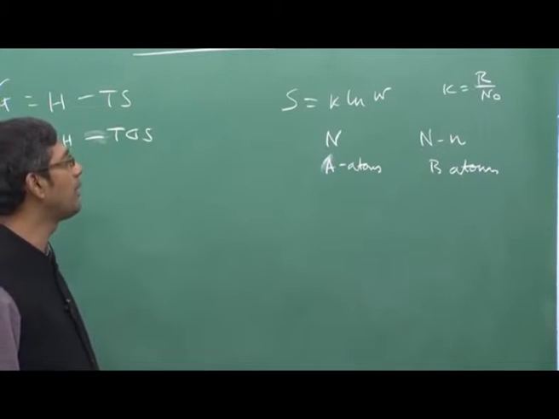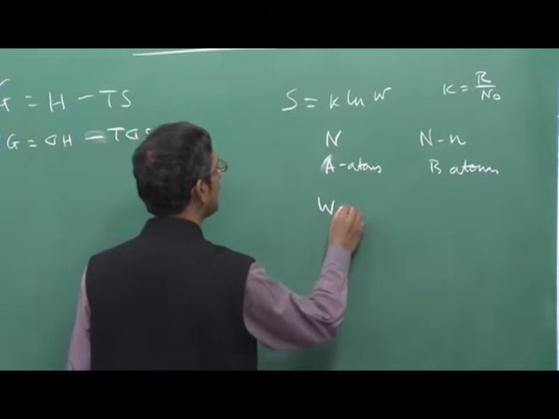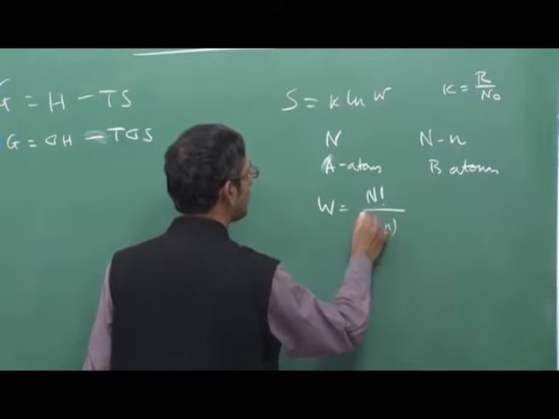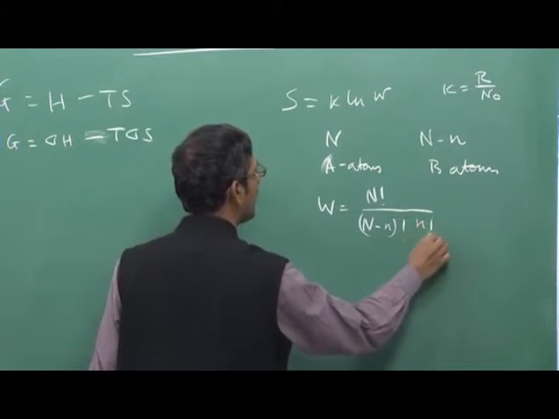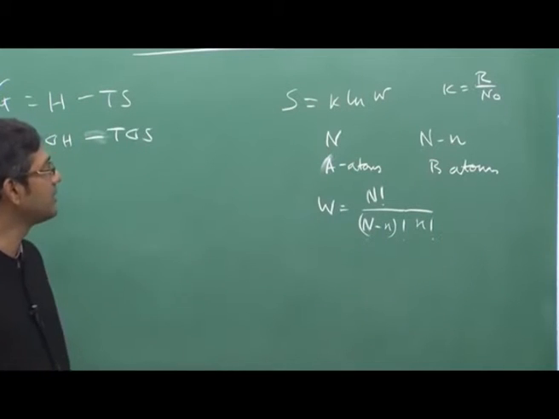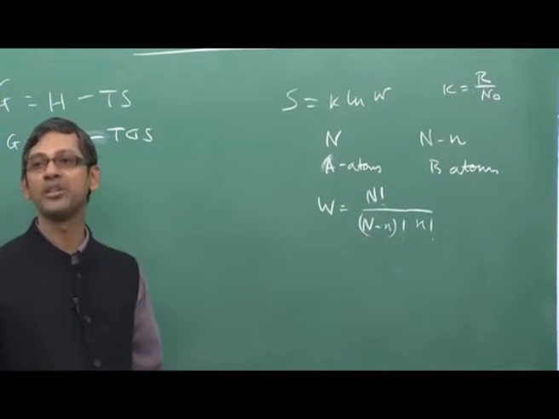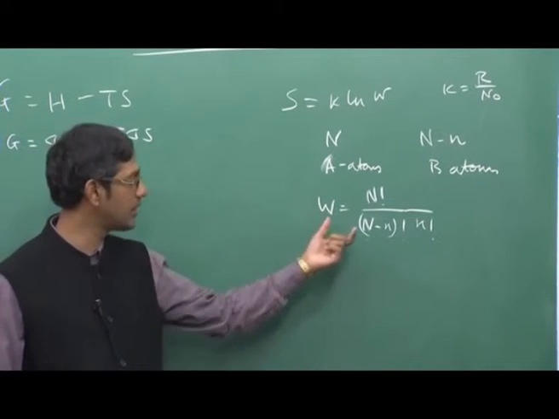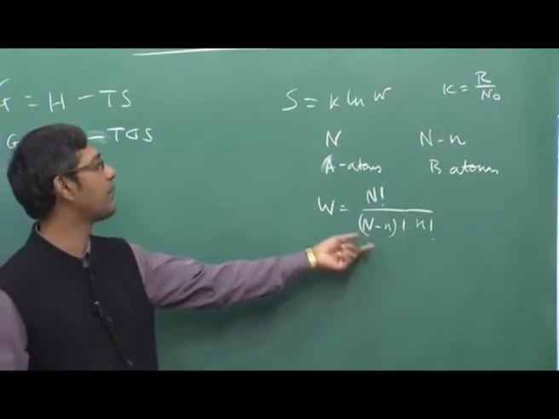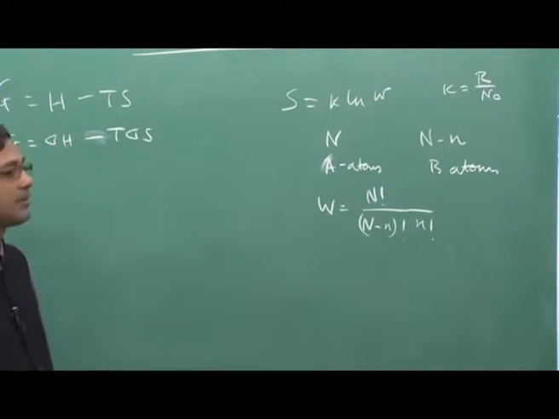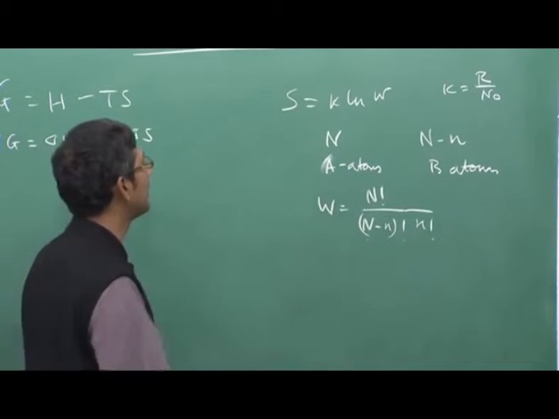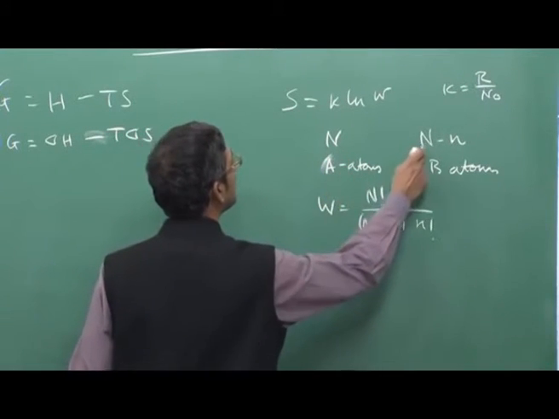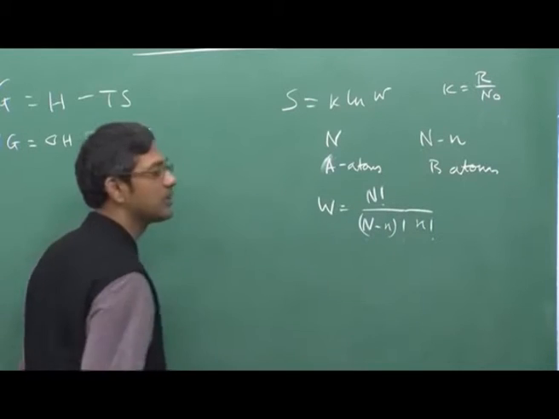So what will be the number of arrangements? It will be n factorial divided by (n minus small n) factorial and small n factorial. This is basically from permutation and combination. I do not have time to discuss it in detail; simply by permutation and combination you can get this. So this is the number of ways of arranging small n A atoms and n minus small n B atoms in a lattice containing n sites.